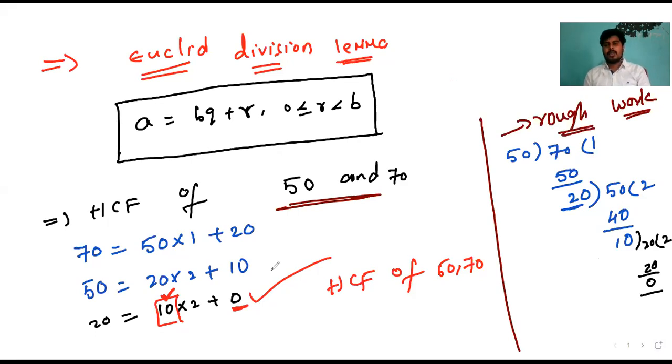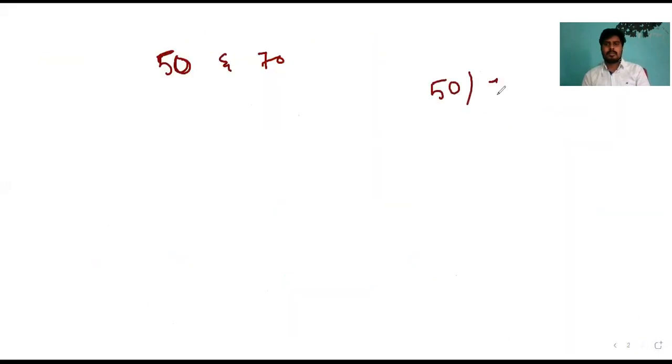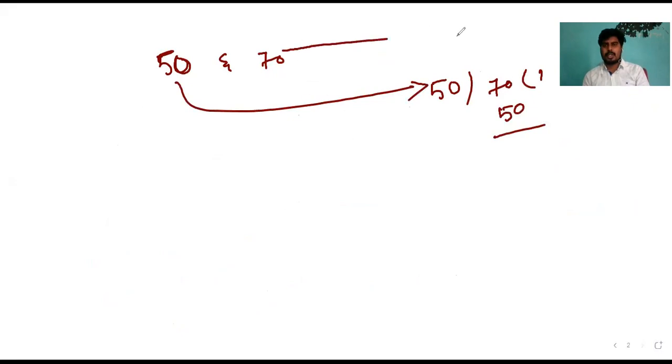You can take it in your notes with pencil, on the right side. 50 ones are 50. The smaller one you take as divisor. Remember, the smaller one you take as divisor, and the bigger one you take as dividend. 50 ones are 50, 20 is the remainder.